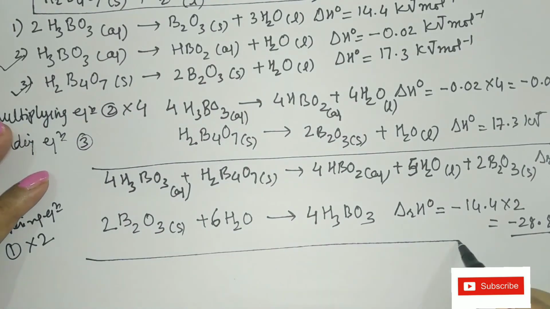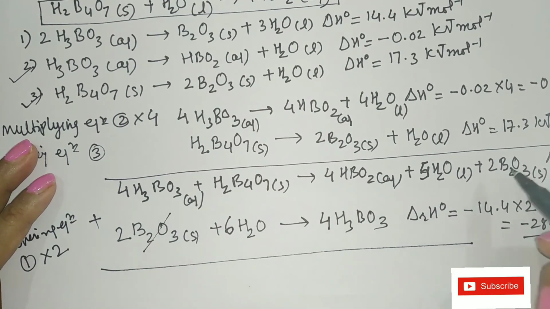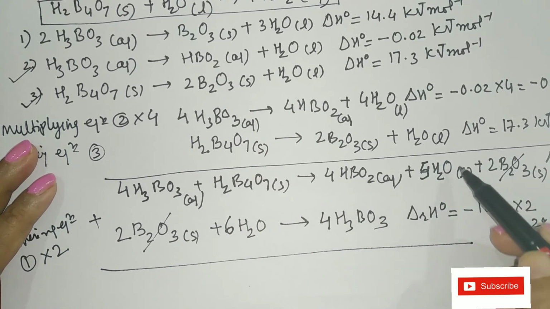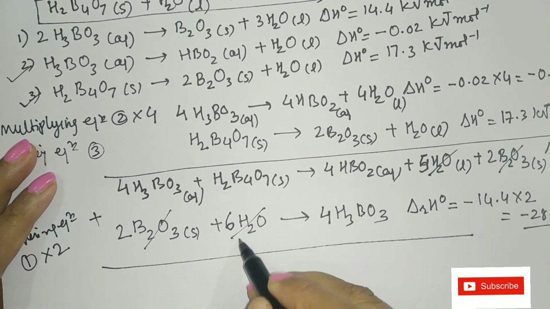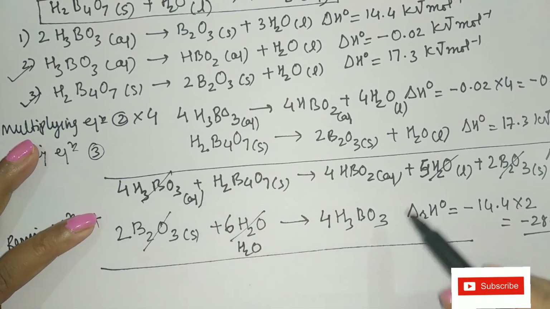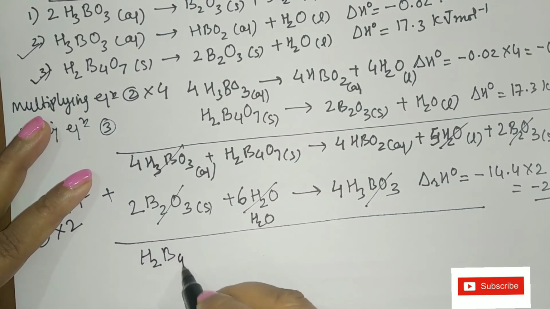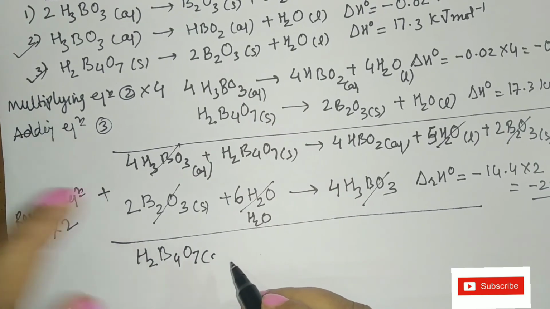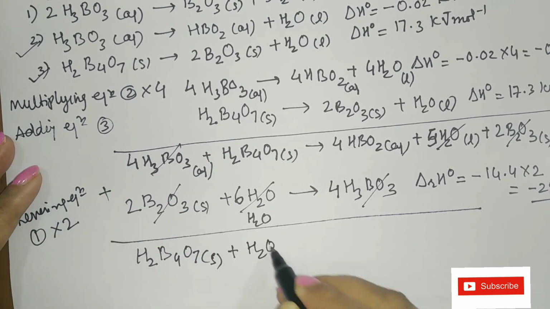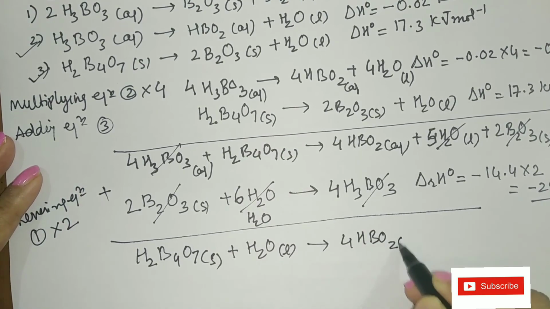Now let us add the equations. So what all things will get cancelled now? This and this will get cancelled. Now if I see this water here, this 5 moles and this one, so one water molecule is left here. And what else will get cancelled is this and this. Now what is left, students, is H2B4O7 plus 1 mole of water gives 4 moles of HBO2 aqueous.